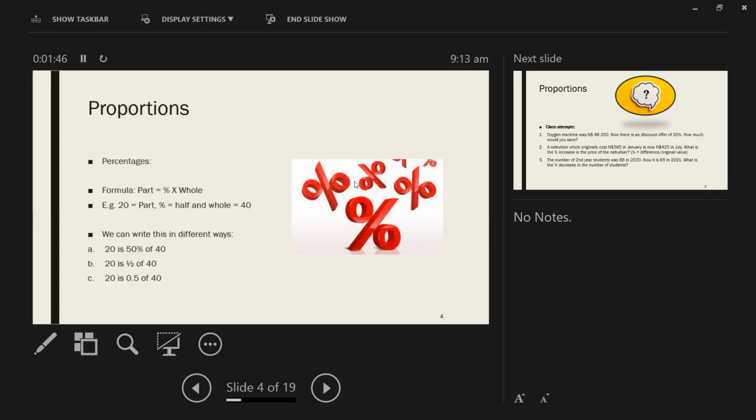How else would you say it? 20 is a half of 40, right? How many times does 20 go into 40? 2 times. What is another way that you can write a half? 0.5 or 1 over 2, right? Because it's half.